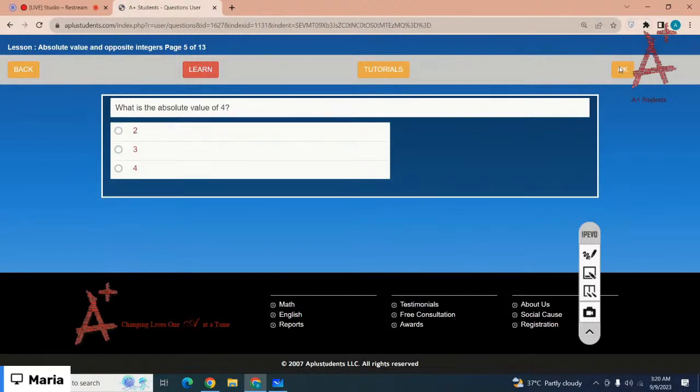What is the absolute value of 4? So which is the correct option? The absolute value of 4 is already a positive number, right? So the absolute value of 4 is 4.